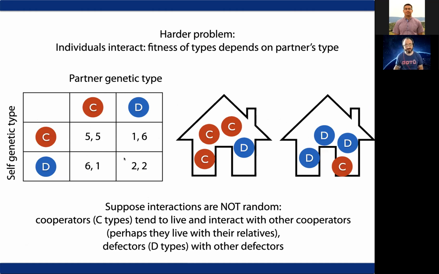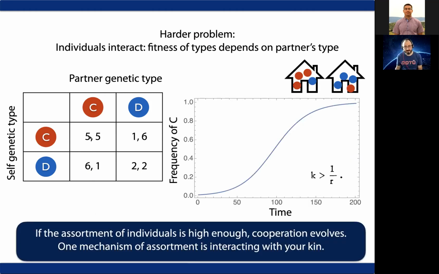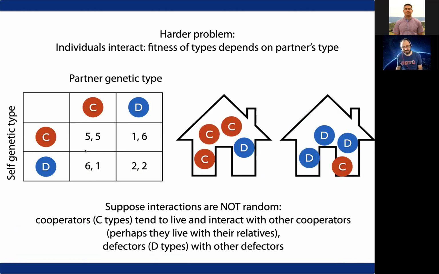And I'm going to just put numbers here. So defectors interacting with defectors are now both getting 2. There are 2 numbers actually, because in each interaction, both types get some payoff. In this case, it's symmetric, so I could use only one set of numbers and tell you to flip, but I decided to write both numbers.